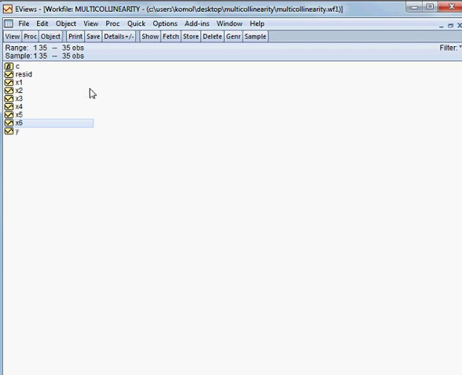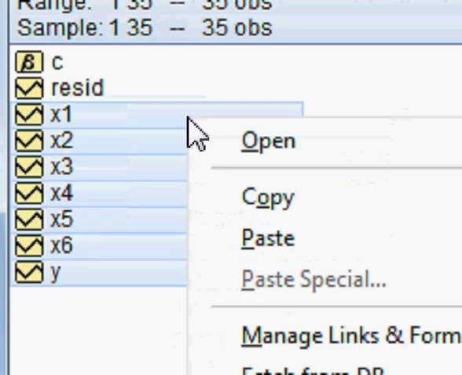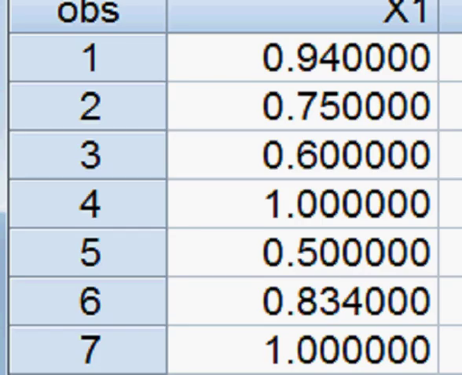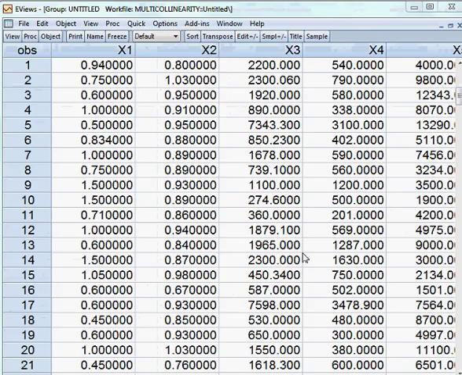Now what I'm doing, I'm opening all the variables as a group. So now you can see all the variables, right?